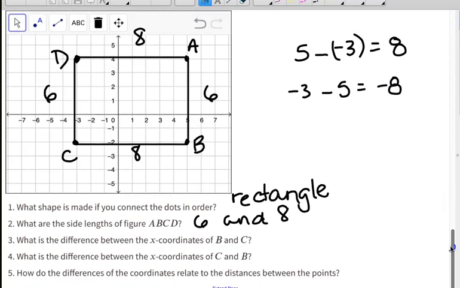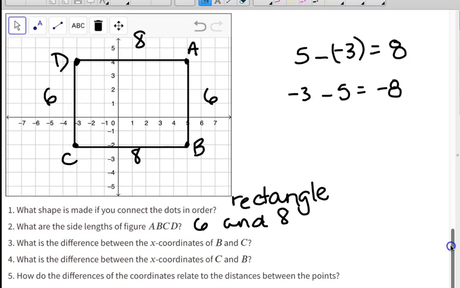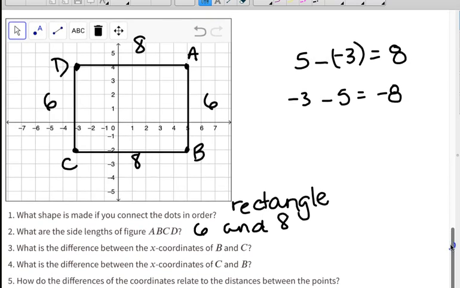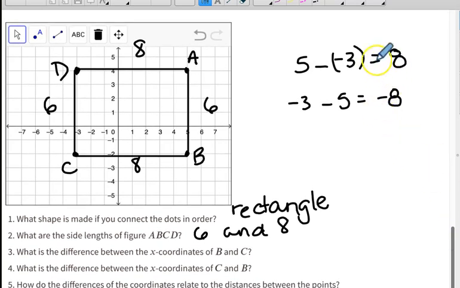So how do the differences of the coordinates relate to the distances between the points? Well, if you notice, either way, it's still 8 units because that is the absolute value. From this x coordinate to this x coordinate, no matter which way you go, it's still 8 units in between. So the difference of coordinates just relates to the absolute value between the 2 points.